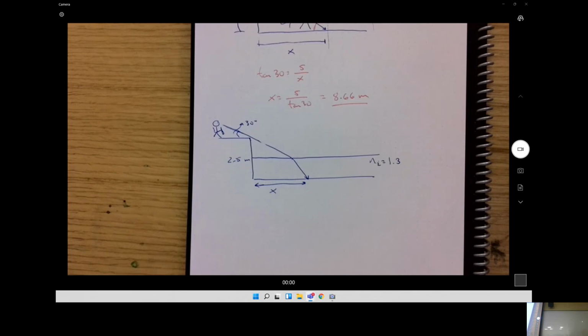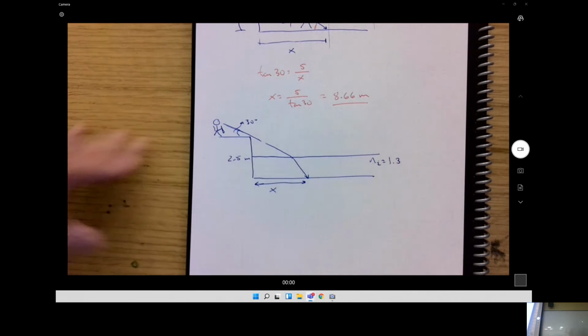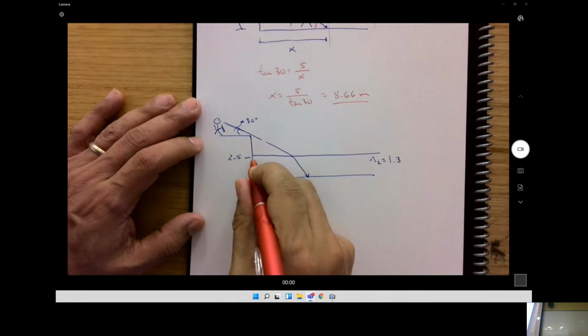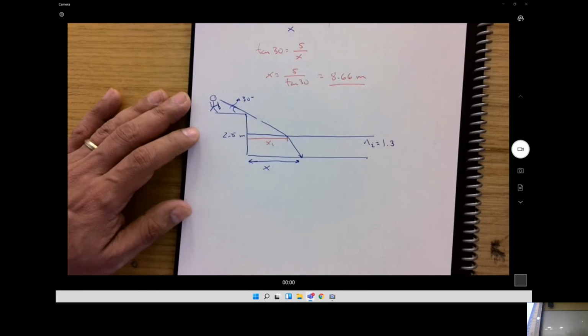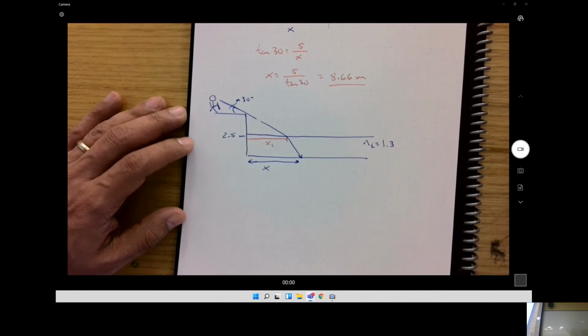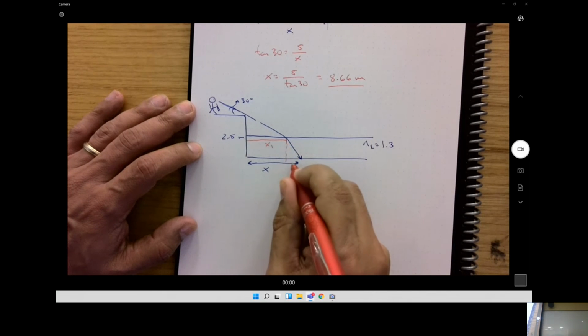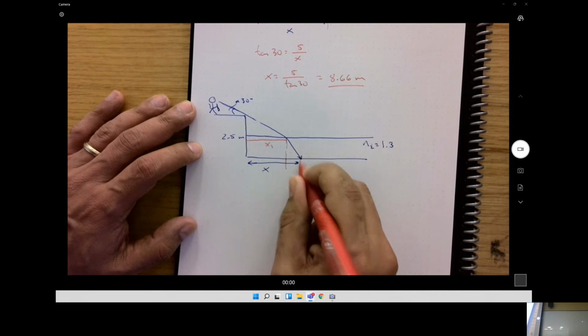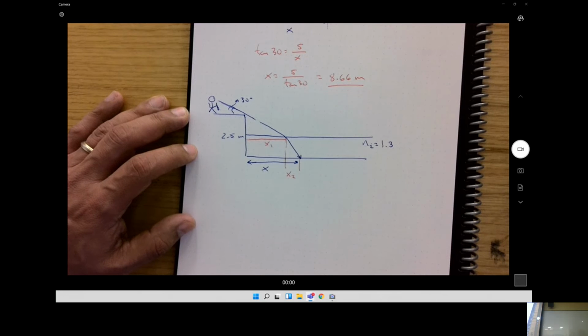Okay, and I'm going to do it in two parts. First, I'm going to calculate the distance that light travels in the air before it hits the water. So I'm going to call this distance x1. And then once it gets refracted, I'm going to measure the distance that it travels inside the water. I'm going to call that x2.